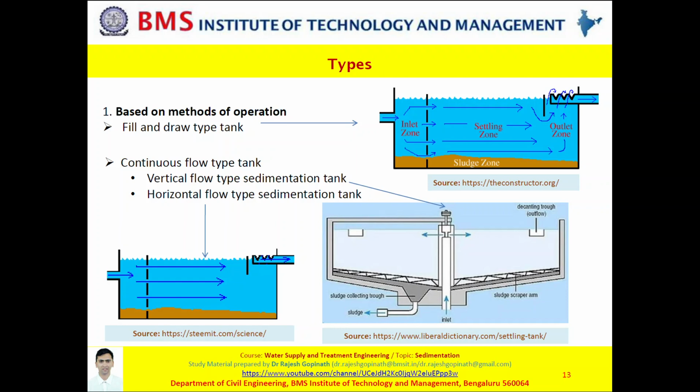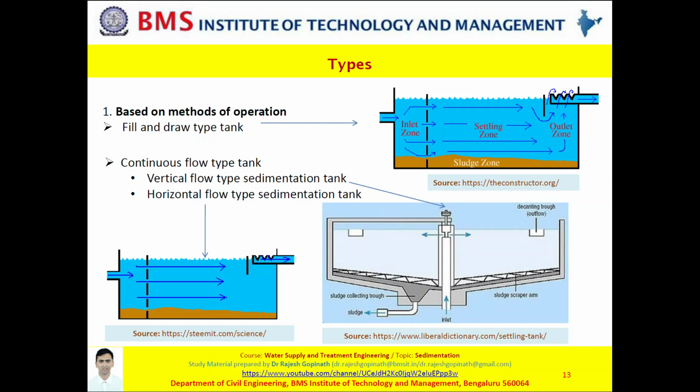Here the sedimentation tanks are basically rectangular in shape, and the most important aspect is it will always have a length greater than the width, at least twice of that, because if you want to achieve maximum settlement, then the water has to flow or move a greater distance, and the maximum permissible velocity in this case would be around 0.3 meters per second.